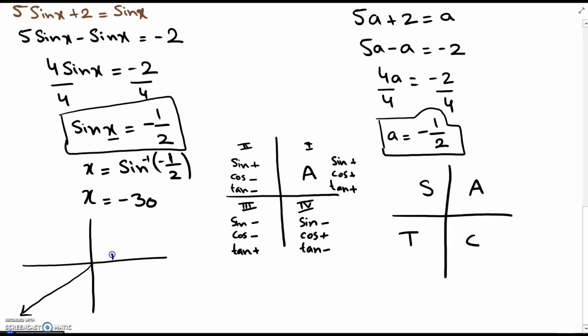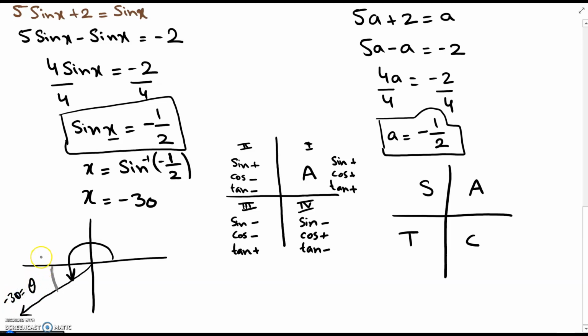This angle is one angle, and this one is going to be the reference angle. This part is the reference angle. Now what do you do? You are going to find the value of this, which is given as negative 30.